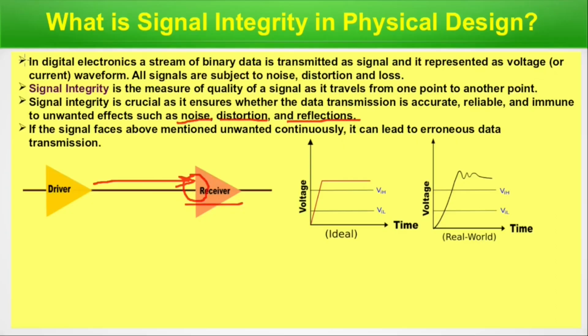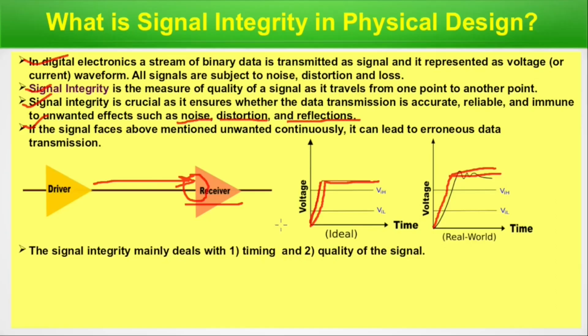So these are the points we have covered: what is signal integrity, why it is crucial, and what will happen if some degradation happens. This is the ideal voltage form, and in the real world it isn't like that. Neither is it so straight.